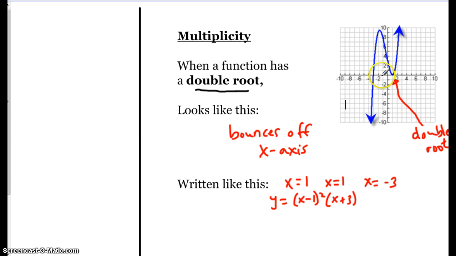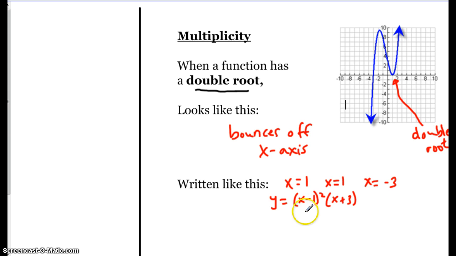And in this graph, you have this double root plus a single root. So you would write those three equations down, and the first one would be x equals -3 to represent this one, but our double root you would write twice. Then you would have two factors. When you have the factors, that would be x minus 1, and so would that.